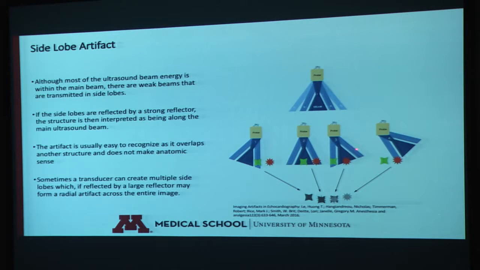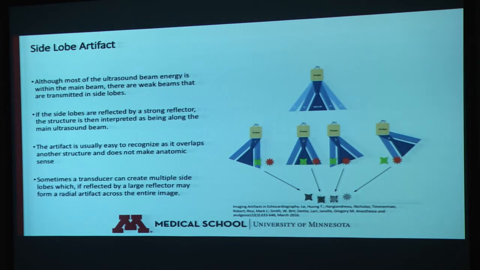As this beam continues moving along, you have a situation where now the green structure is reflecting off a side lobe, and the red structure here is reflecting off the main lobe, but they're both interpreted as coming off the main beam here, and they're all superimposed on each other.